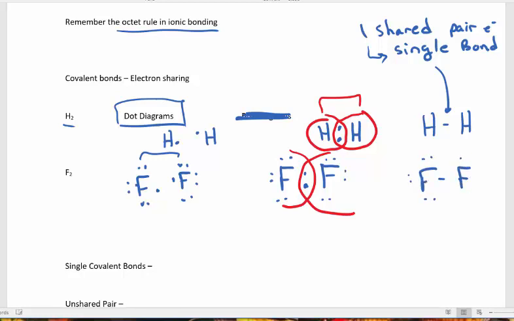All right, so let's talk about unshared pairs. We have these pairs of electrons on the outside of the fluorine symbol. When you have 3 pairs listed like that, what you can do is one of 2 things: actually draw them there, or not draw them there.